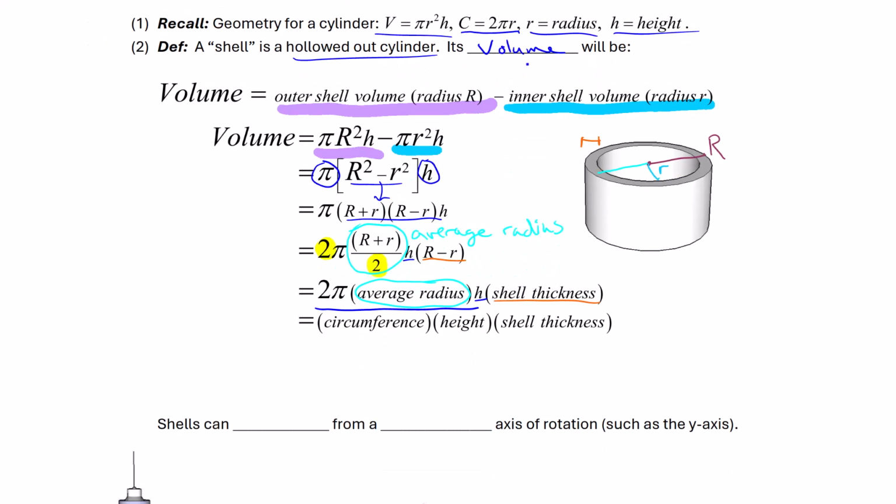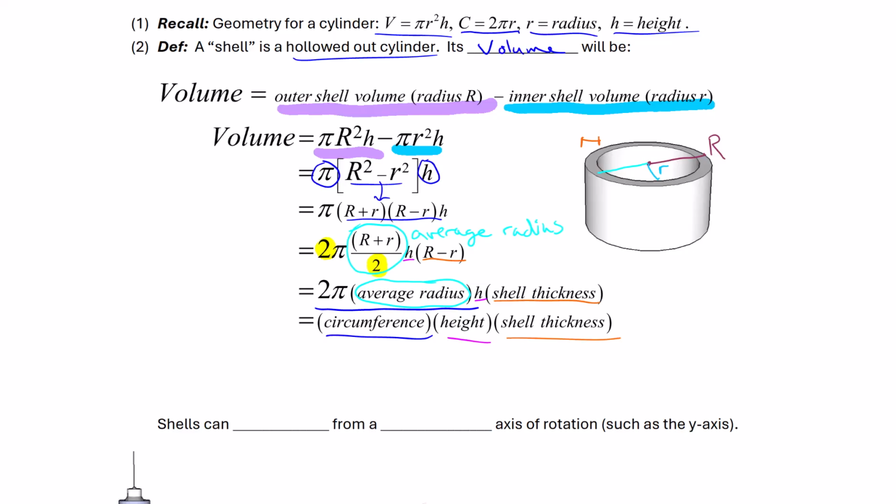So really that's just the circumference of the shell times the height, just the height from one base to the next of the shell, and then times the shell thickness. Okay, so again, why is this more convenient? Well, you'll see very shortly that I think it really helps to write it this way, eventually in symbolic form, as you will see.